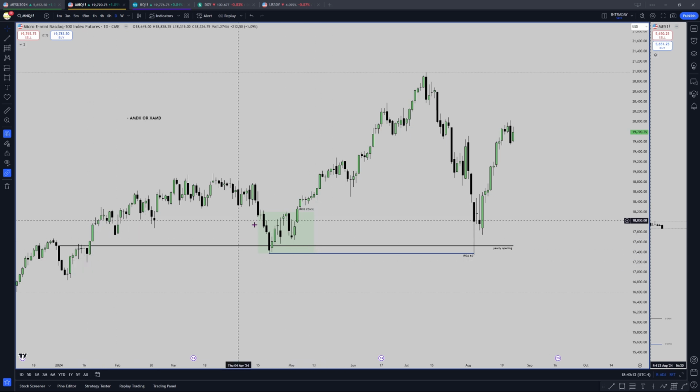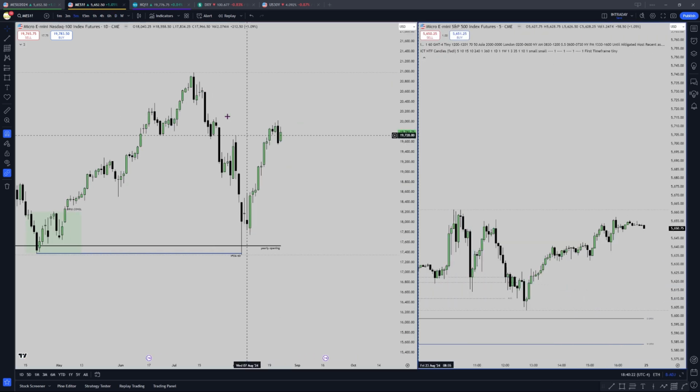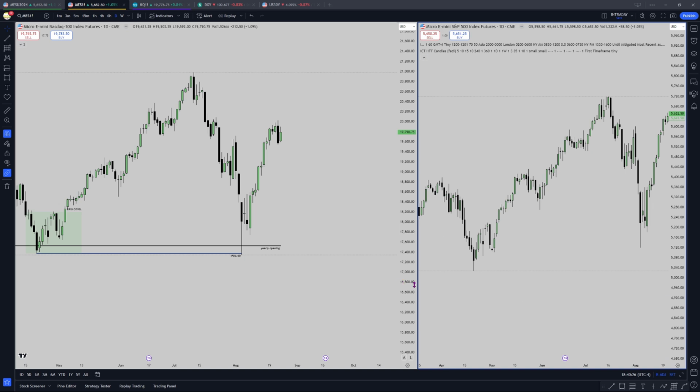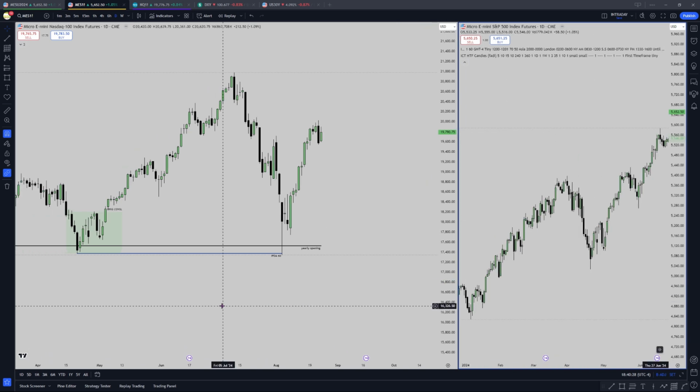So from January to March, we do what? Accumulate. April opens up. The second week forms our smart money reversal with SMT at these lows right down here.